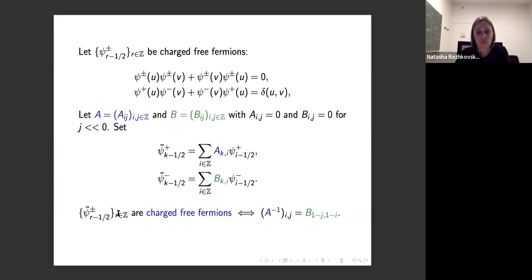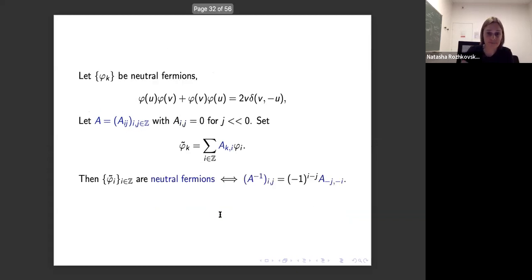Then the new operators will satisfy relations of charged fermions if and only if matrices A and B that you used here are inverses of each other, but you also need to make a slight shift here because of 1/2. So this is how you can guarantee that your new operators will again be charged fermions.